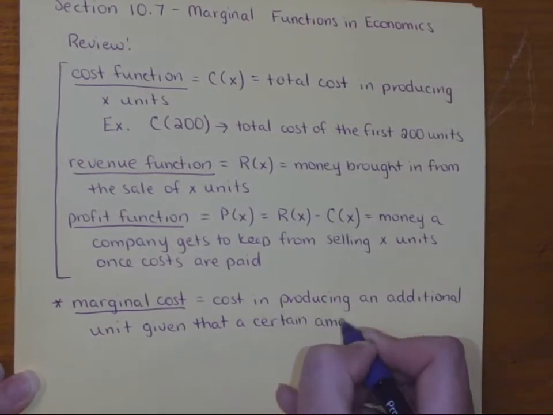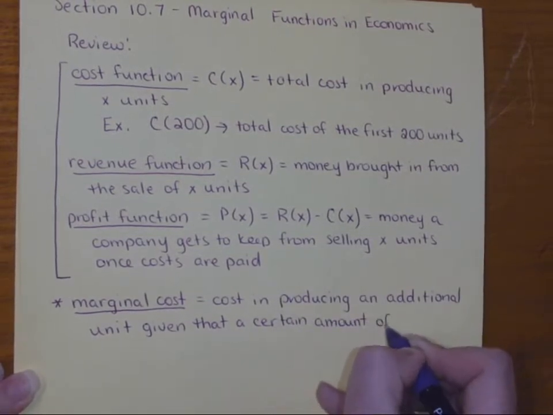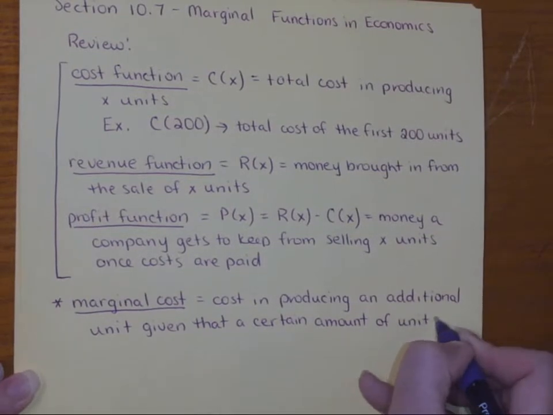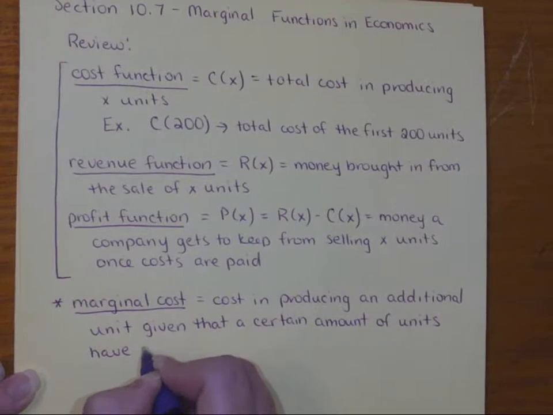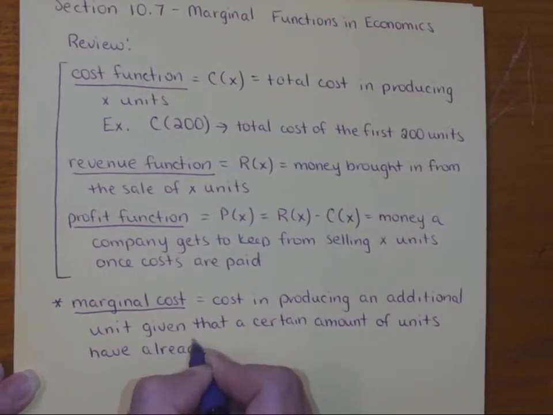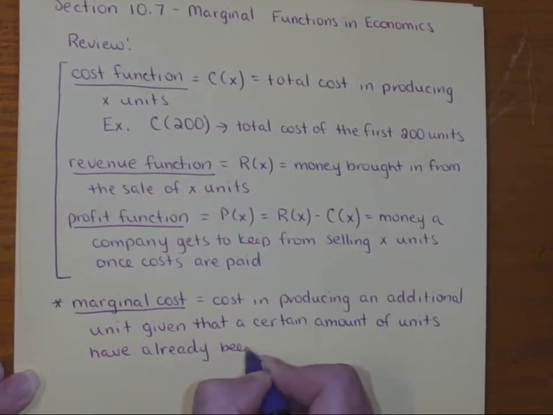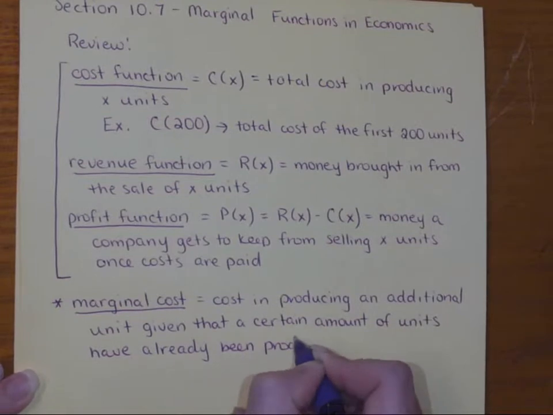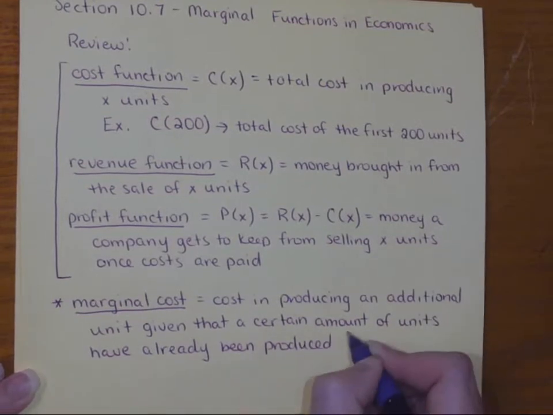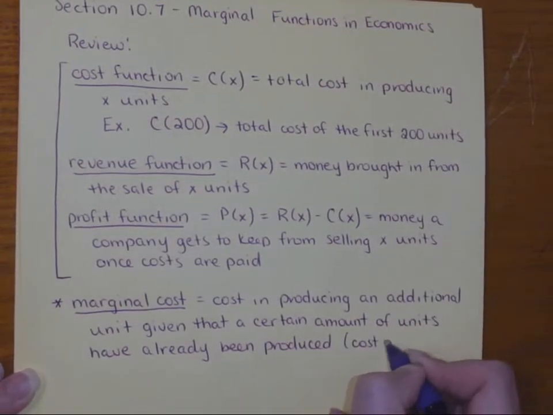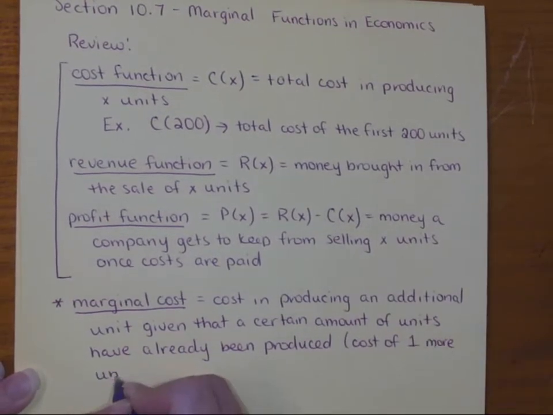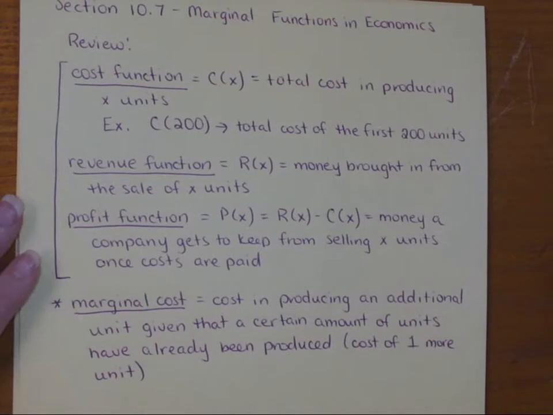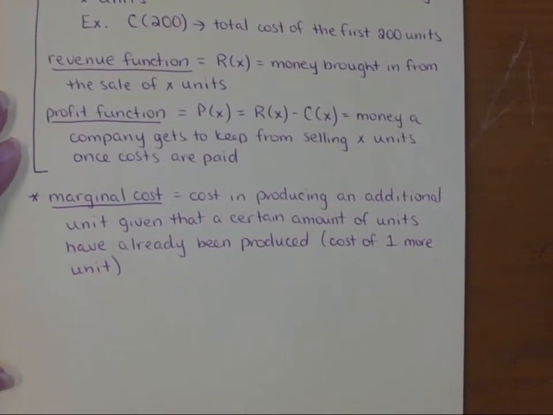So often you look at this like, I've already spent the money on the first, say, 2,000 items. I want to know what it would cost me to make the next item, that 2,001st item. So I like to say it like this. It's the cost of one more unit at whatever production level you happen to be at. Okay, so marginal means one more.